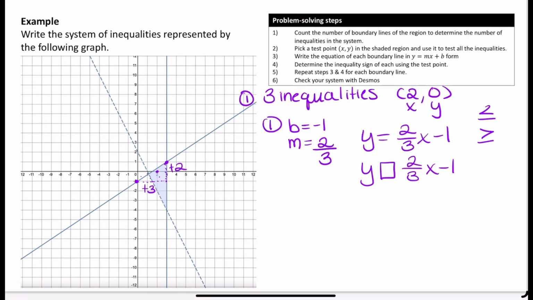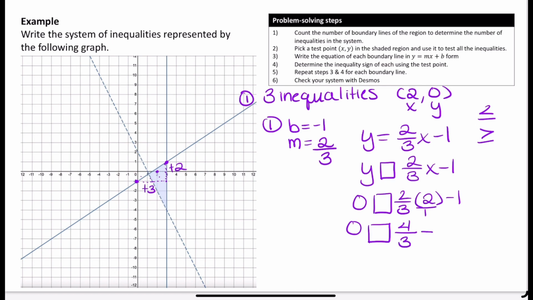So if we plug in our x and y values, we get 0 and then something 2/3 times 2 minus 1. Okay, so that's going to be 0 and then something, and then 2/3 times 2, well, that's 2 times 2, which is 4, over 3 times 1, which is 3, right?